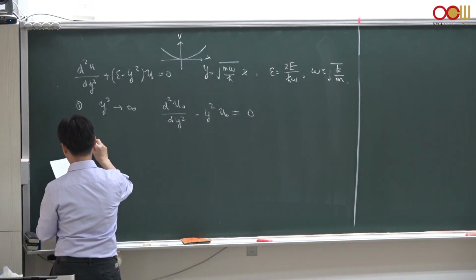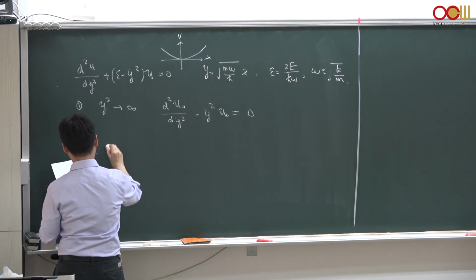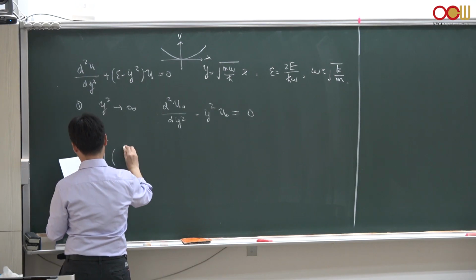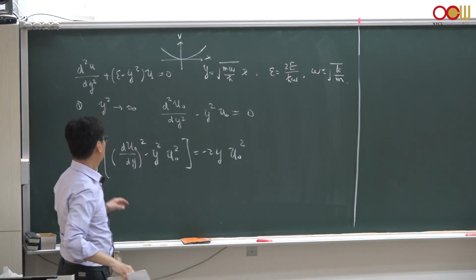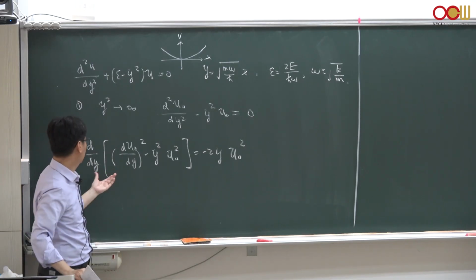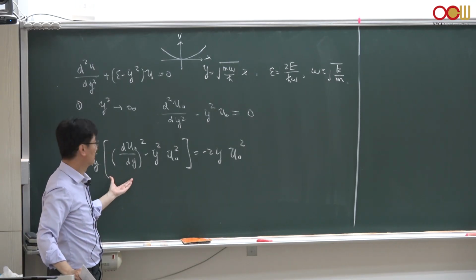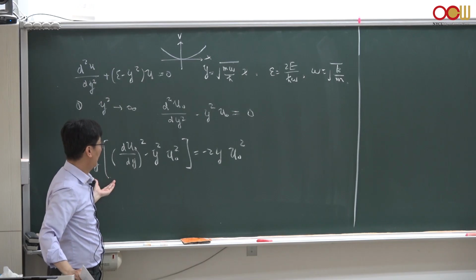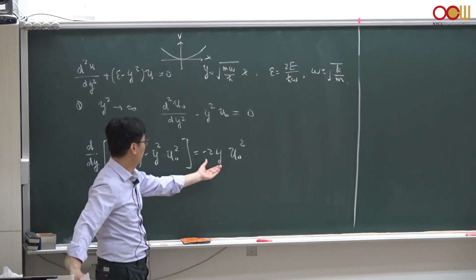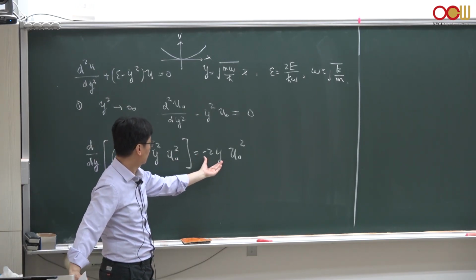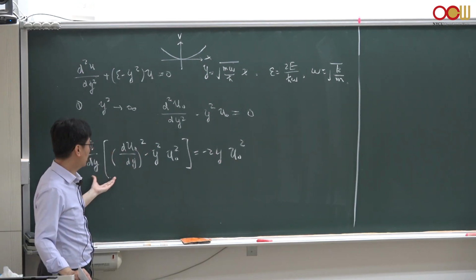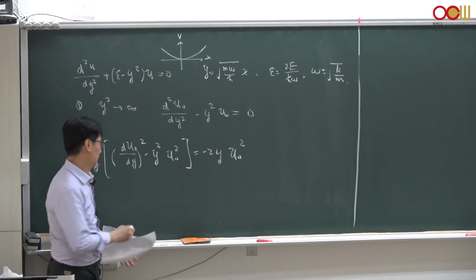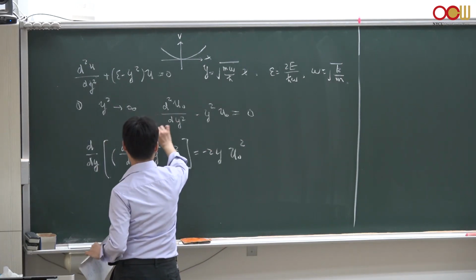Okay, so let's try to solve this. And the way to solve this is to rearrange this term. So let me just skip some details. You could check your textbooks. So you could make a total derivative of this function with respect to y, and the right hand side of the equation is given by minus 2y u0 squared, and you carry out this differentiation and you go back to this original differential equation.